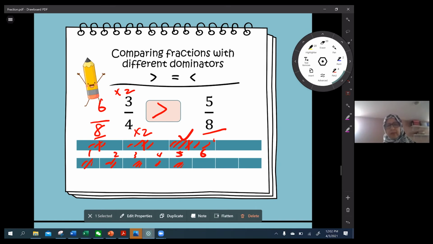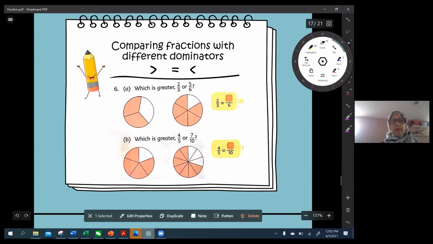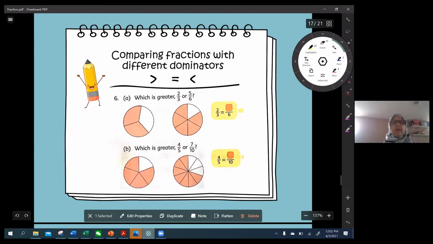Okay. So now let's take a look at this. Compare fractions with the different denominators. Okay, the first one, which one is bigger? Okay. 5 out of 6 is bigger. Why?